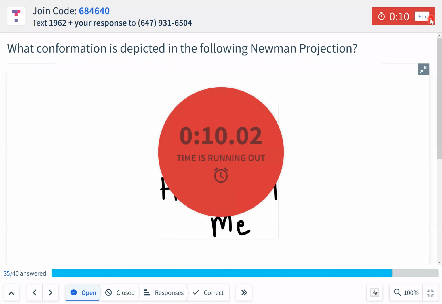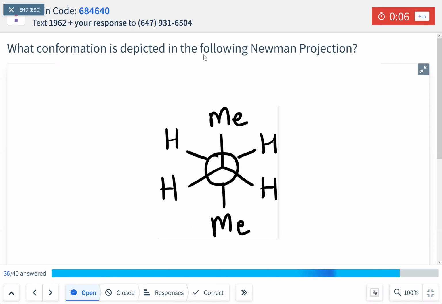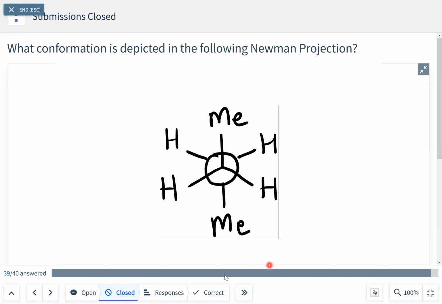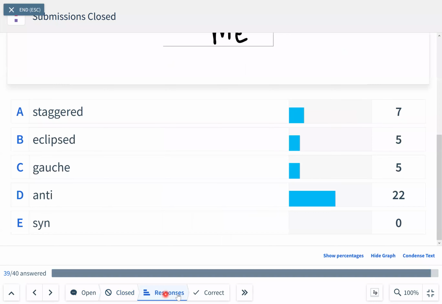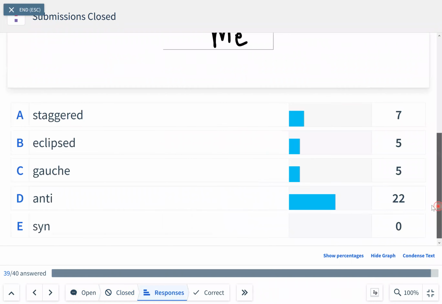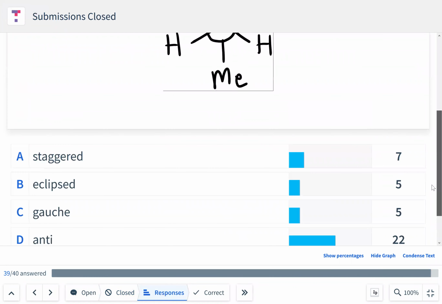All righty. Here, responses: anti. So the majority have said anti, right.